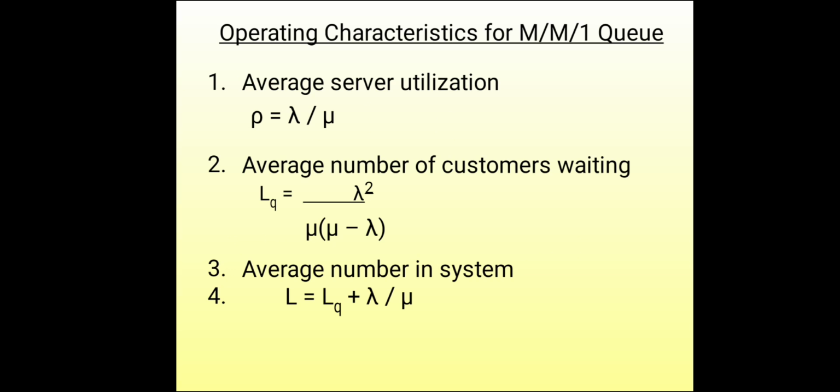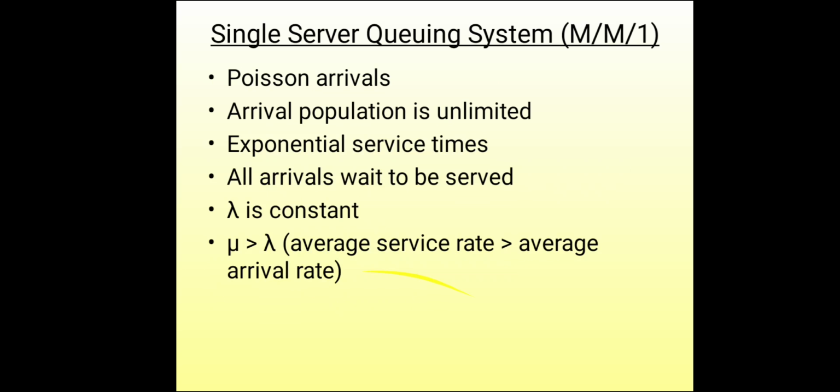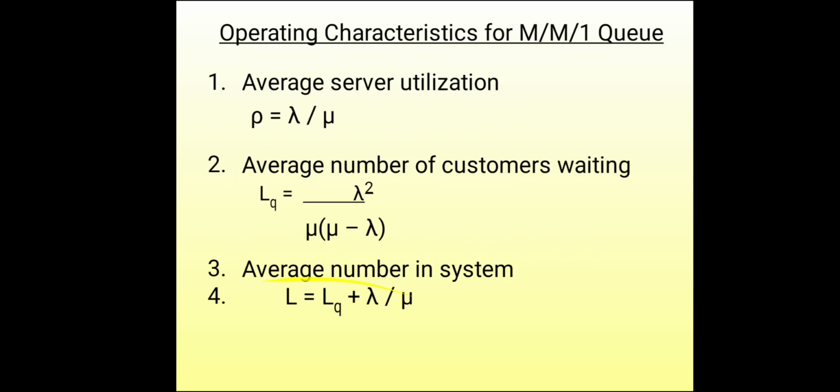Operating characteristics of the M/M/1 queue. This is probabilistic model 1, M/M/1. Average server utilization rho equals lambda by mu, where lambda is the average arrival rate and mu is the average service rate.